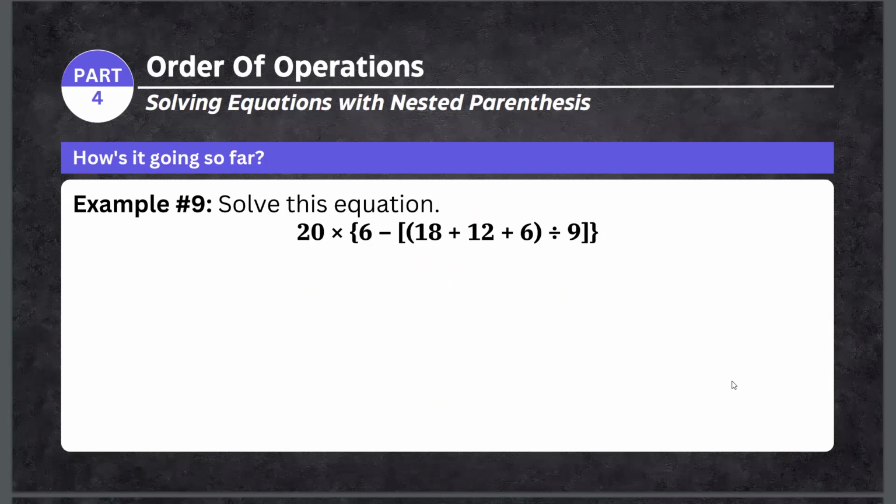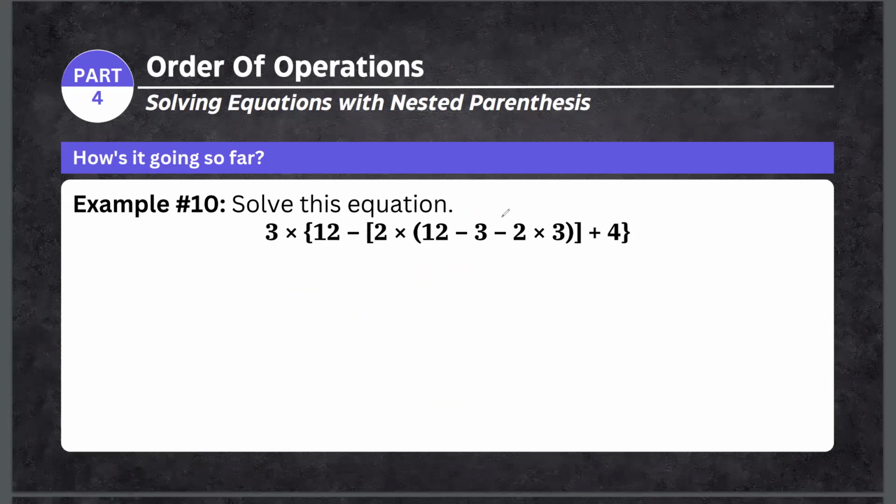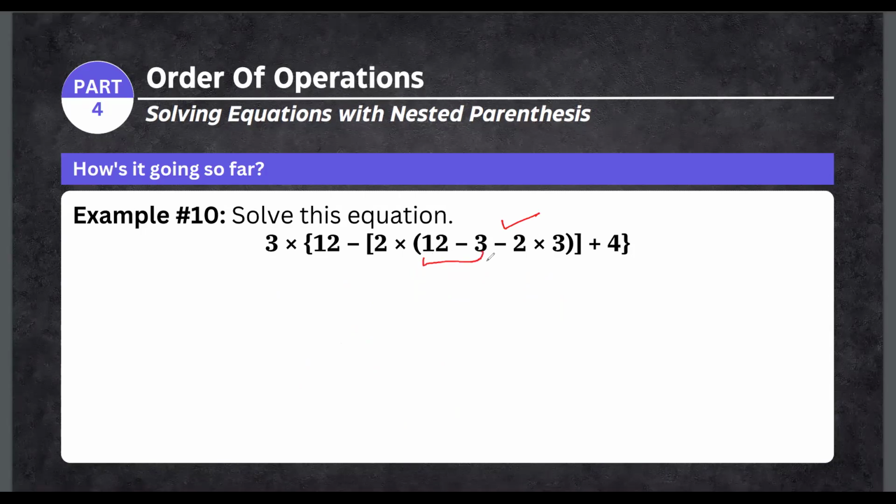Now next we have this question. Solve this first. So 12 minus 3 is 9. 9 minus 2 is 7. Can we do that? We have to follow the PEMDAS rule. We can subtract, but we have to multiply first. So we have to do 3 times 2, 6 first.